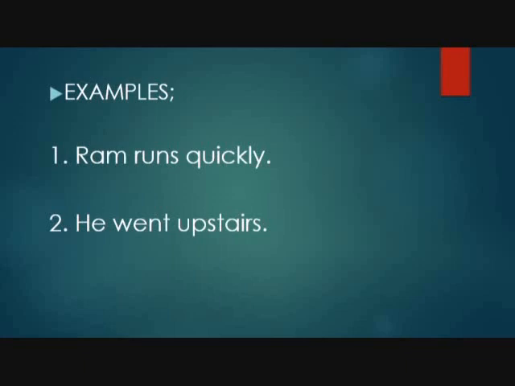Example number 1. Ram runs quickly. Here the word quickly modifies or tells more about the verb which is runs. If I ask, how does Ram run? The answer is, he runs quickly.